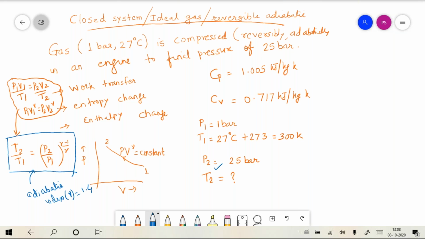Gamma is 1.4 and T1 is 300 Kelvin. P2 is 25 bar and P1 is 1 bar. So you solve this and you get some answer in Kelvin. Tell me that answer.